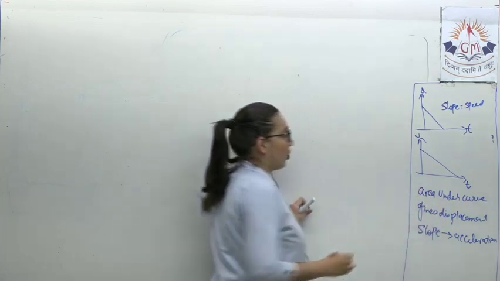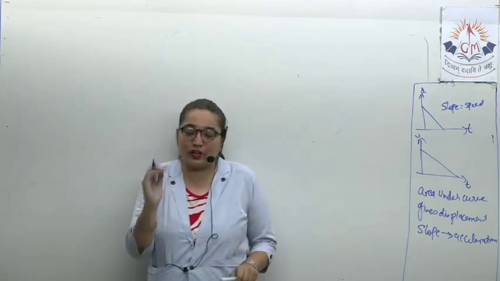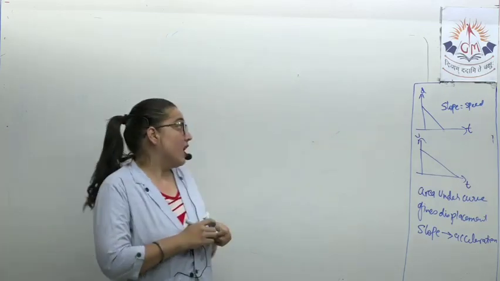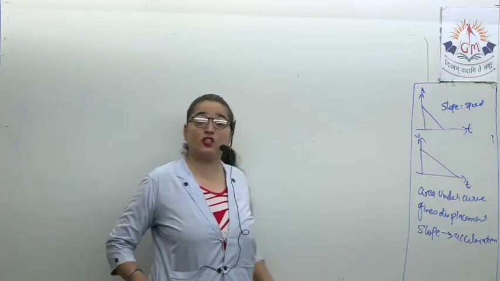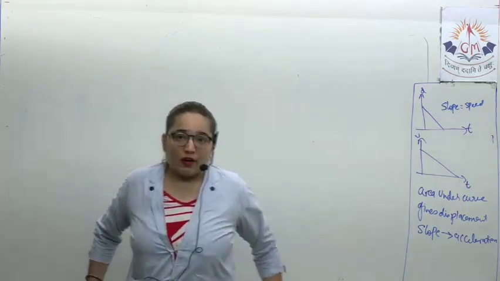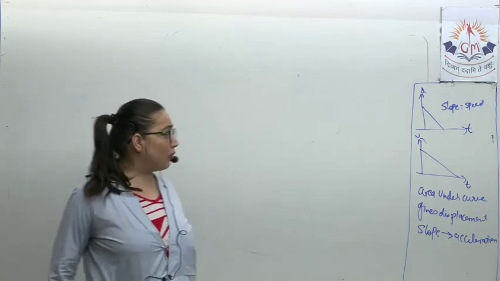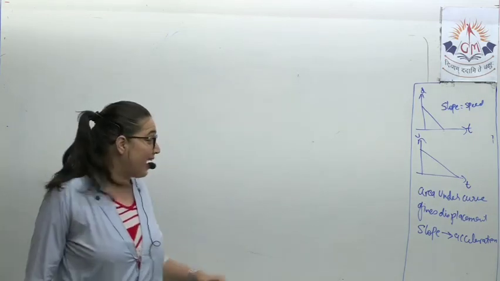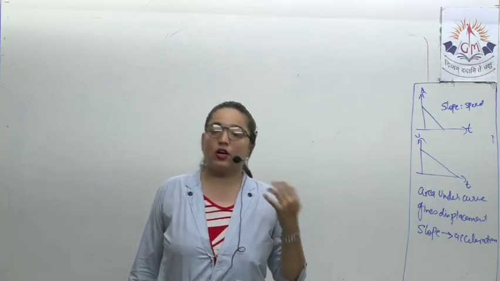Area under the curve will give you the displacement. These are the only two things that you need to understand. And if it's a distance versus time graph, it will give you speed. If it's a displacement versus time graph, then its slope will give you the velocity. Coming to velocity versus time graph, then its slope will be acceleration and area under the curve will give the displacement.